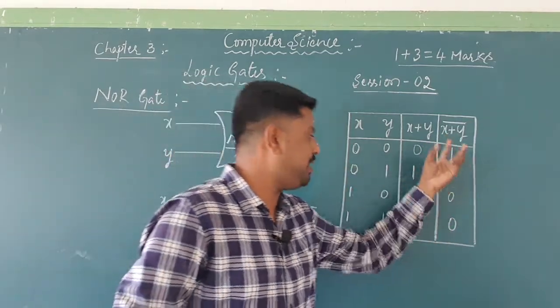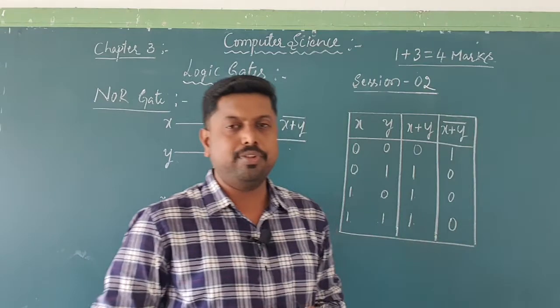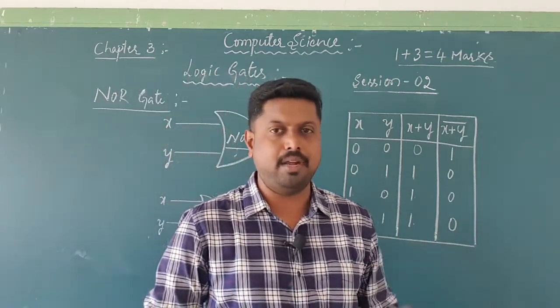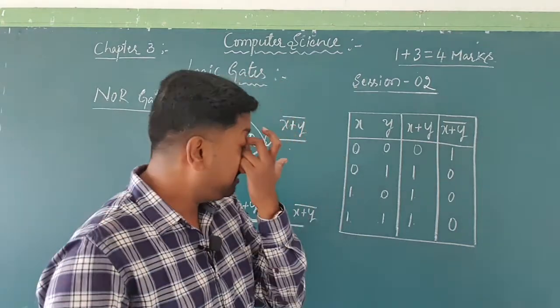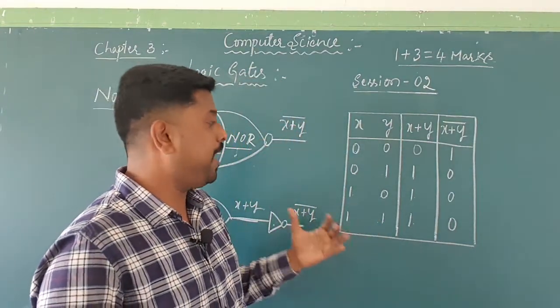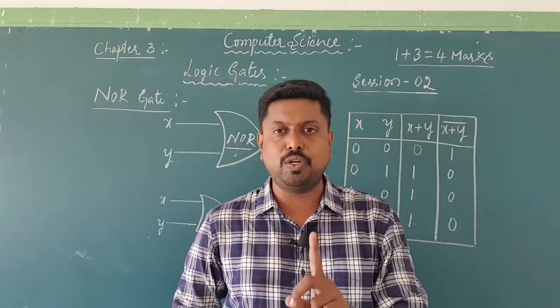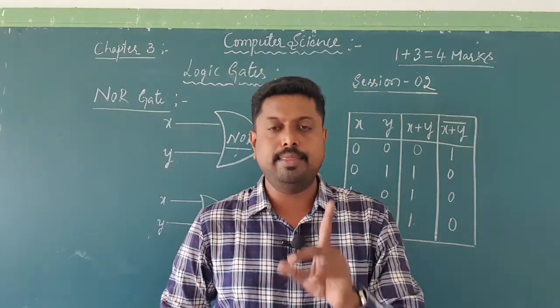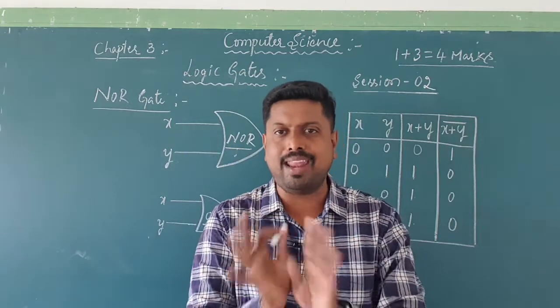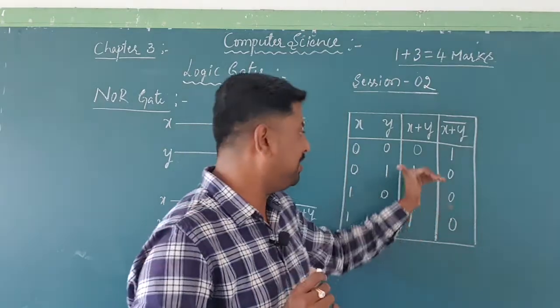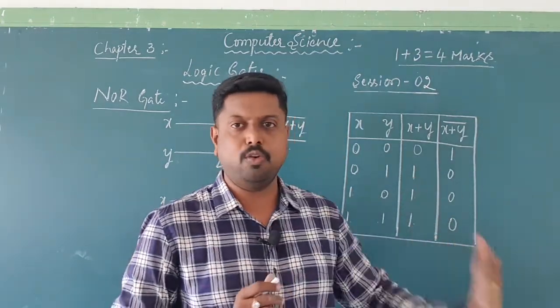How will we explain this truth table in terms of true and false statements, or high and low, or 1 and 0? See, whenever both inputs are 0, then only the result is high, that is 1. In all other cases, the result is 0.